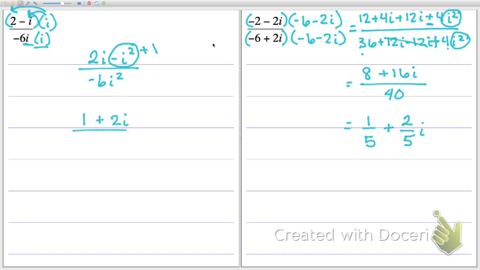And your denominator, this i squared is a negative 1, and negative 1 times negative 6 is 6. So I get 1/6 plus 2i over 6, so it's one half... one third. Third.